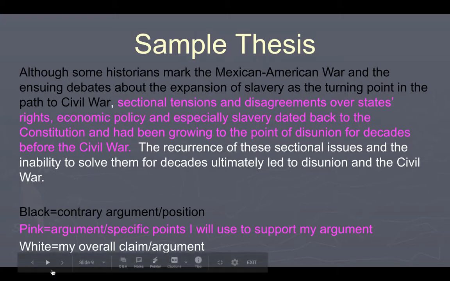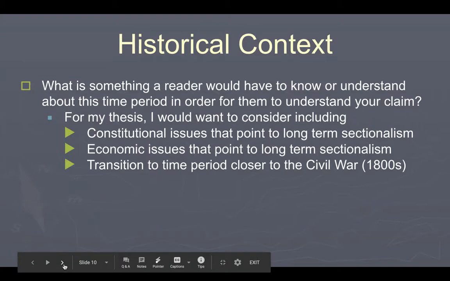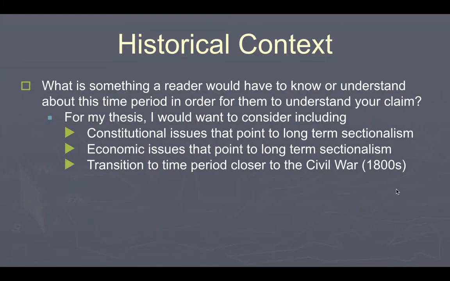Thinking about the documents, most of them are talking about things that happened in the 1800s themselves. So I'd want to bring up the continued debates after we began expanding, whether those are the compromises or the Kansas-Nebraska Act or whatnot.